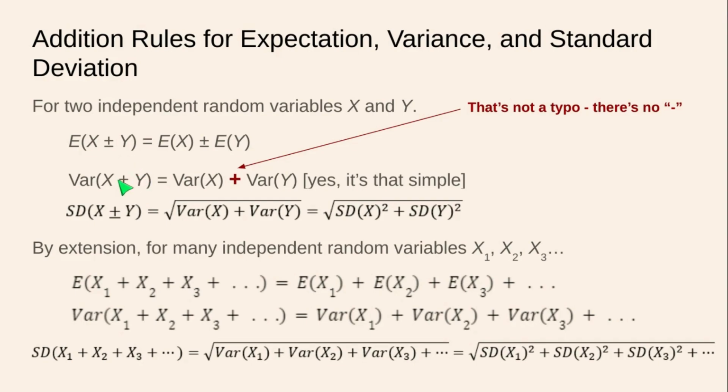What is true of a sum of 2 is also true of a sum of more than 2 random variables, which means the standard deviation of a sum of more than 2 random variables is the square root of the sum of the squares of the standard deviations of those random variables. These formulas look scary. In practice, they are not that bad.